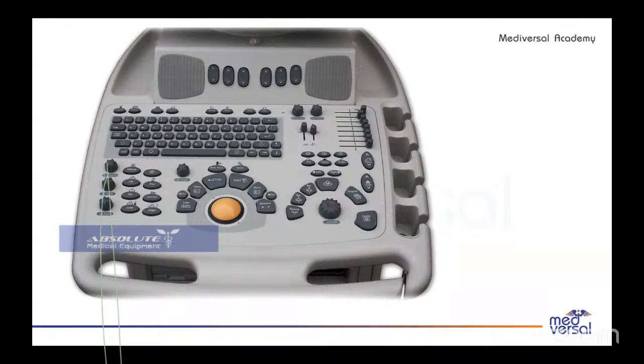And on the right side, you have the compensating gain buttons. If you move these buttons to the left side, the gain becomes less. If you move them to the right side, the gain becomes more, and it becomes brighter, right? And on the right side, you have the acquire button.